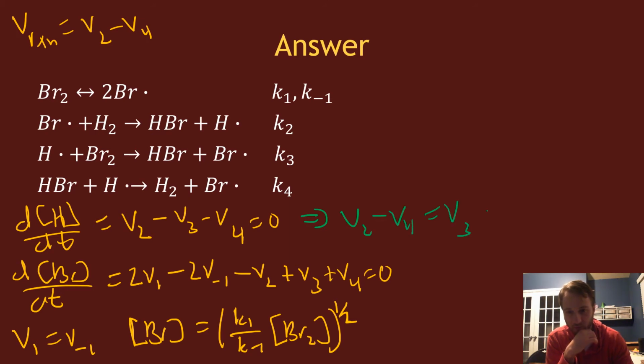Well, V3 happens to equal H times Br2 times K3. So if I can solve for what H is in terms of Br2 and H2, then I'll be golden. And so let's plug in for what dH dt is and see if we can't solve for H.